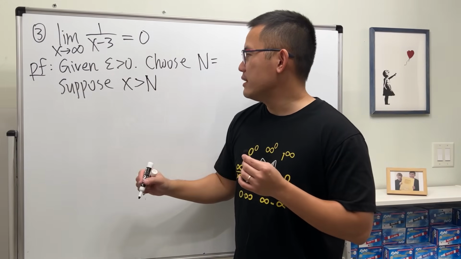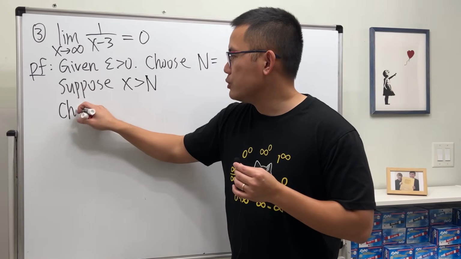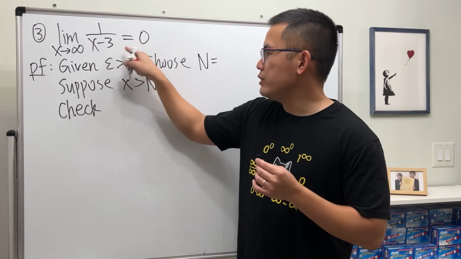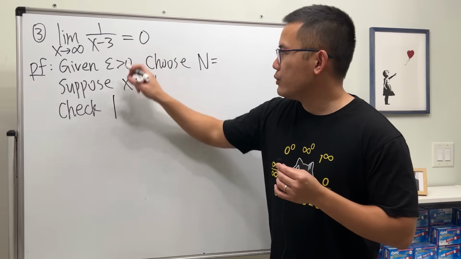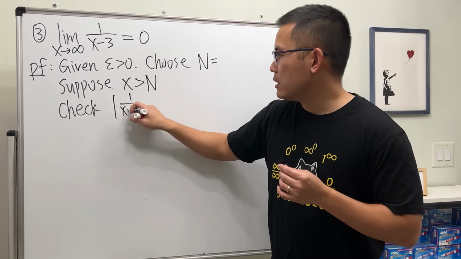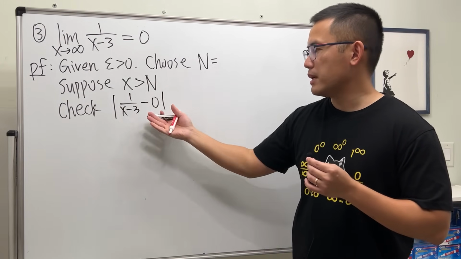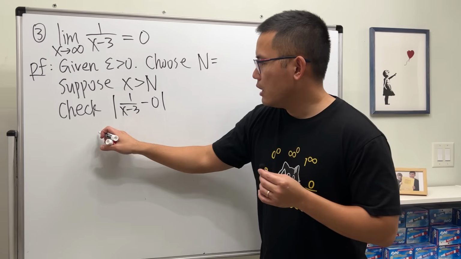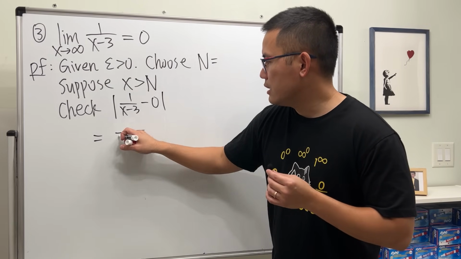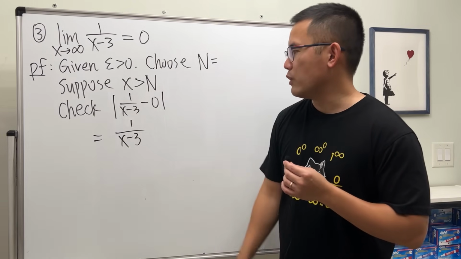If x is greater than N, then we hope to show that the distance between this and that is less than epsilon. Absolute value, and I will still write down our function, and then I'll purposely write down a minus 0, but we know minus 0 doesn't matter. So this is really just x minus 3 on the bottom, and then we have a 1 on the top.